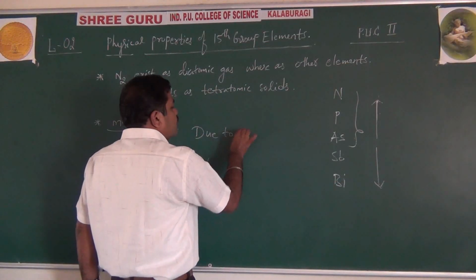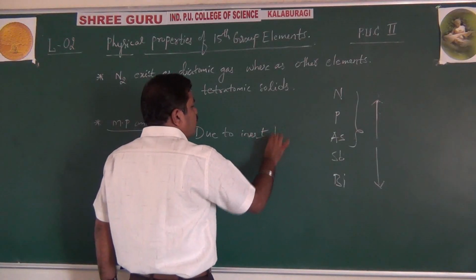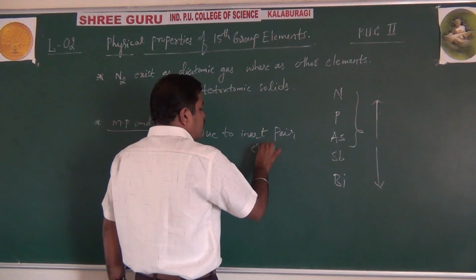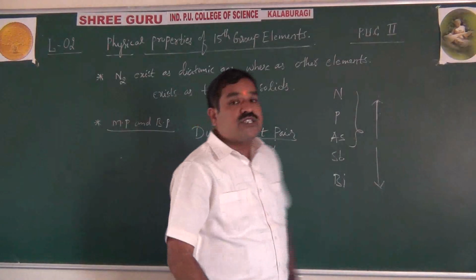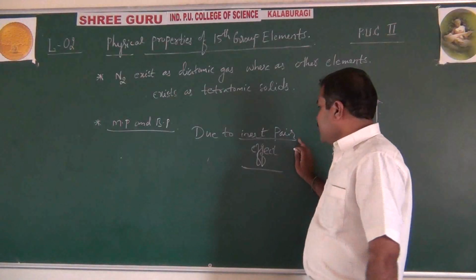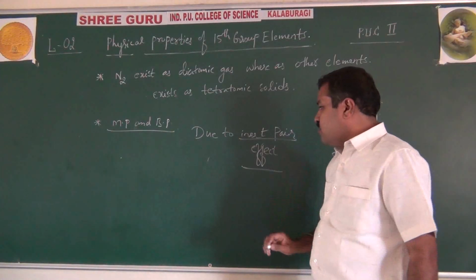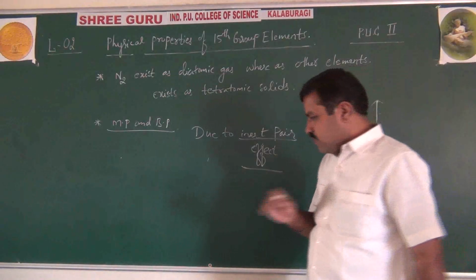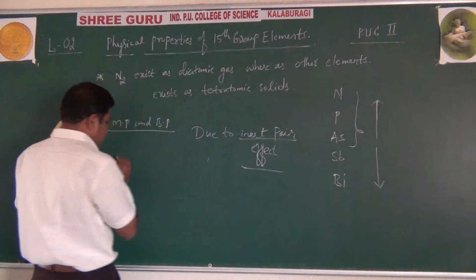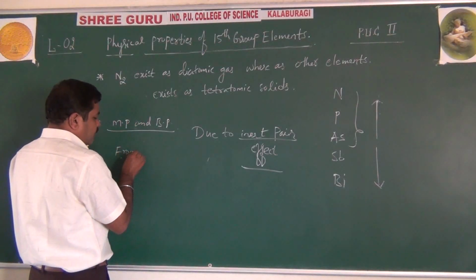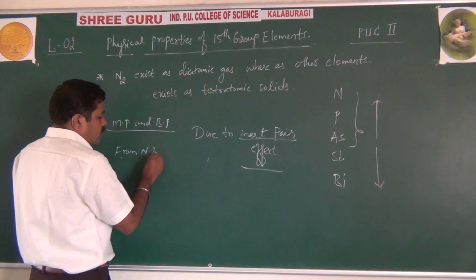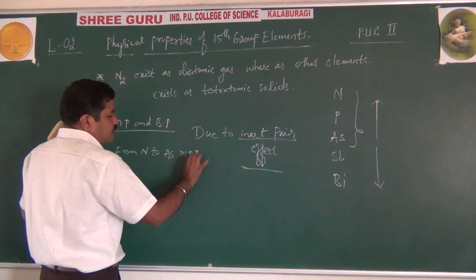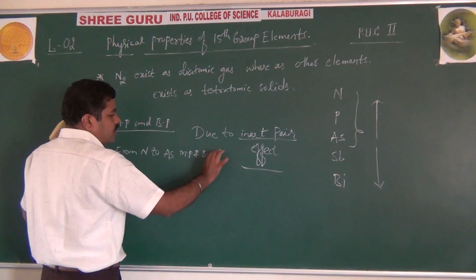I will tell you further what this inert pair effect is, exactly in oxidation state. There I will tell you. Due to the inert pair effect, melting point and boiling point decrease from arsenic to bismuth, but increase from nitrogen to phosphorus to arsenic.